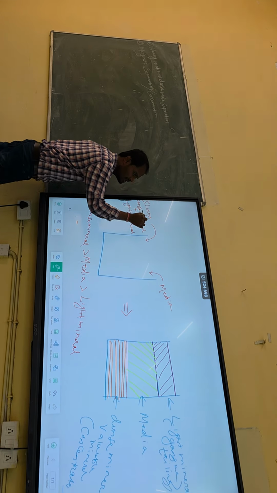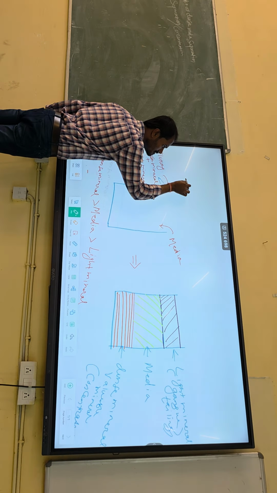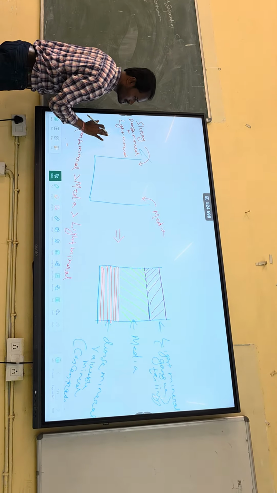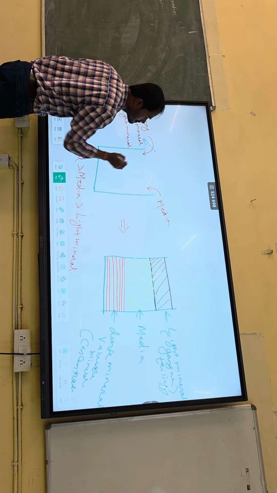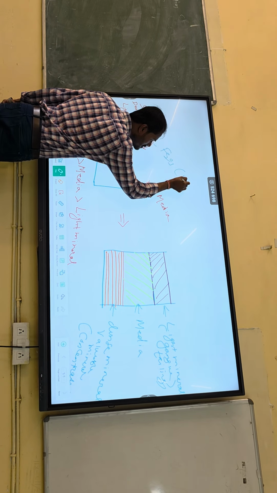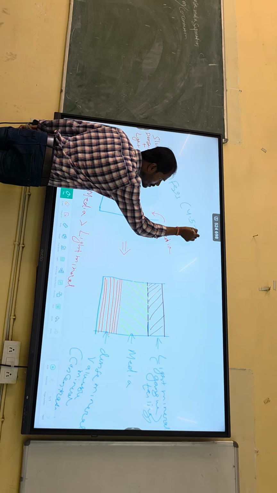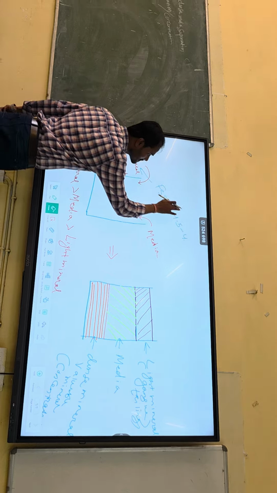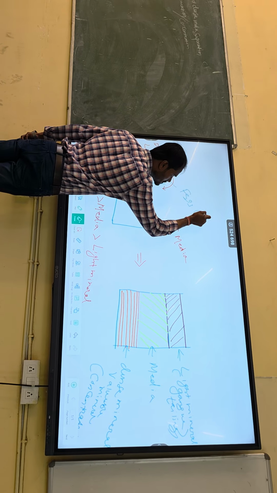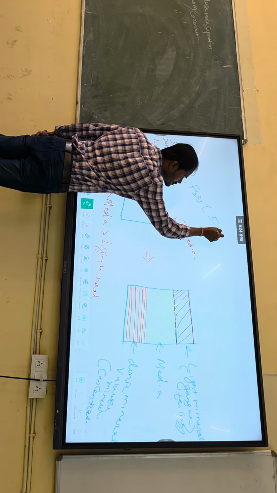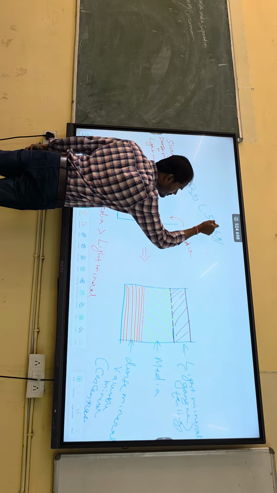Fine? So you understood. Initially, this dense mineral may be your Fe2O3, with a density of about 5.4.